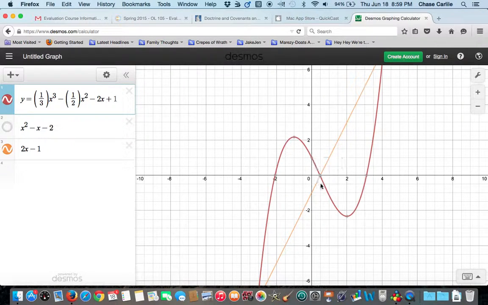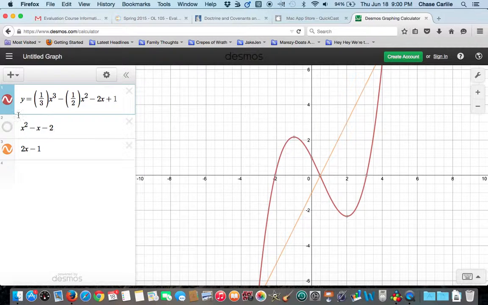The other thing that I wanted to point out is that this is where it's concave down. And so here your second derivative is going to be negative to indicate that it's concave down, and then it switches to being positive, which is why we call that our point of inflection.